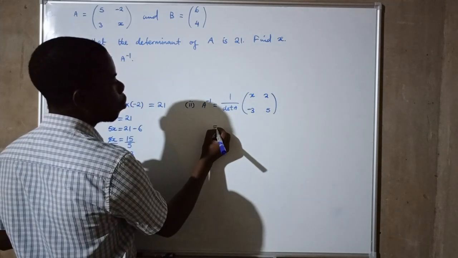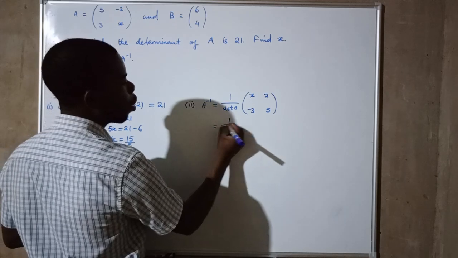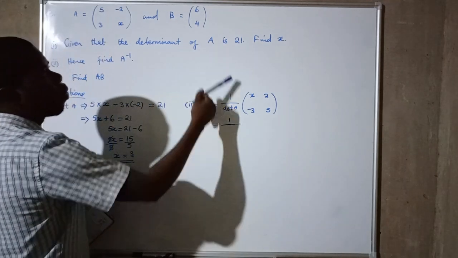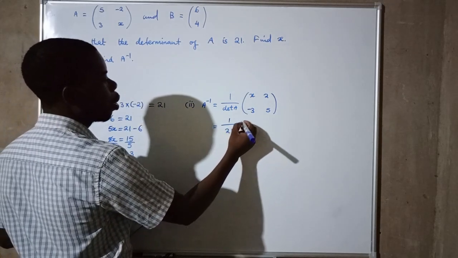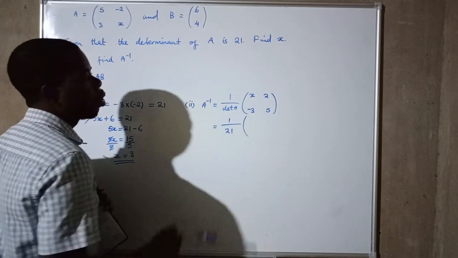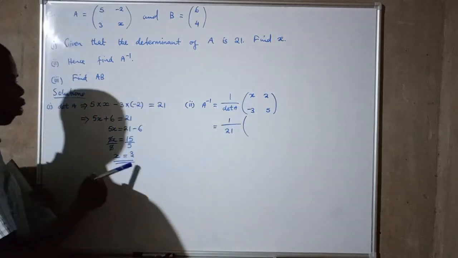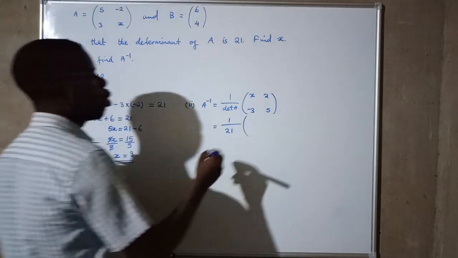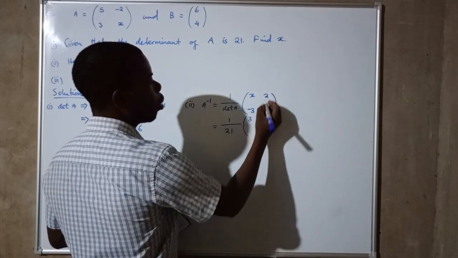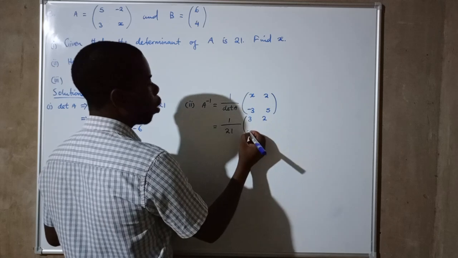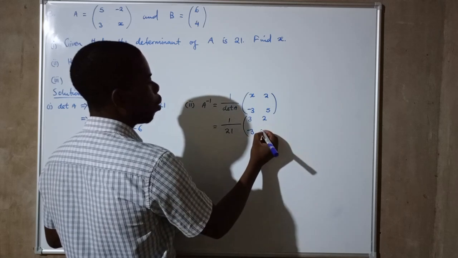Then we'll say equals 1 over, remember determinant A, we were already told it's 21, so you put 21 and open brackets. For x, we need to put the actual value, which is 3. So we put 3, like that. Then 2, then negative 3, then 5.